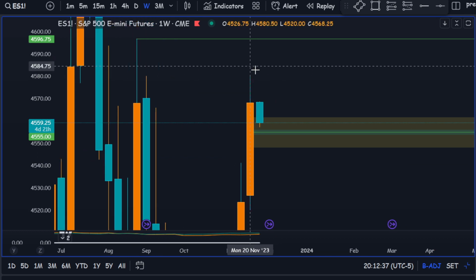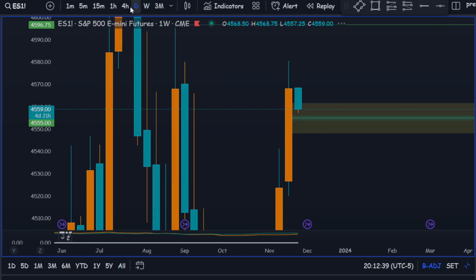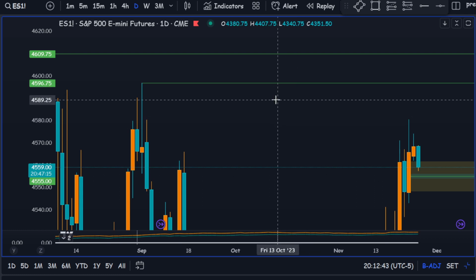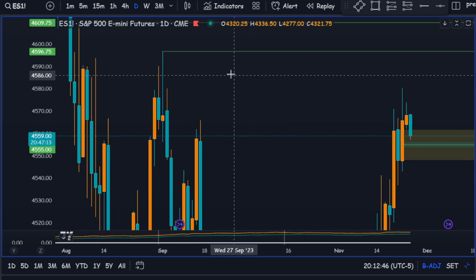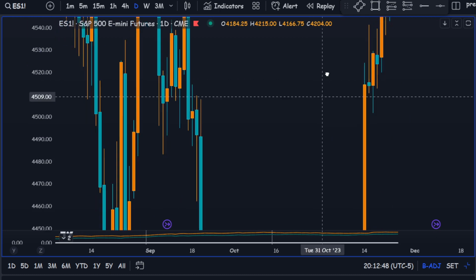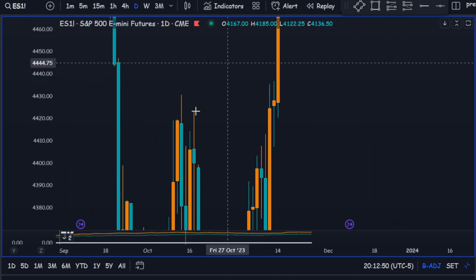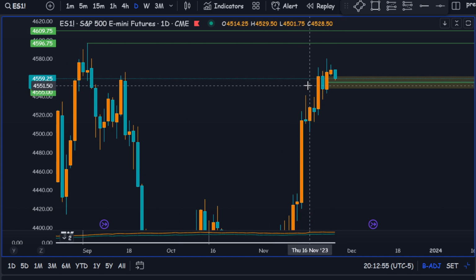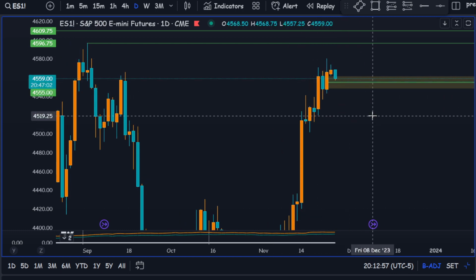Before I expected us to just kind of run straight to this, and that's more or less what we've done. The only thing is that since CPI, we've been just kind of diddling here. So that's what I didn't like about that.